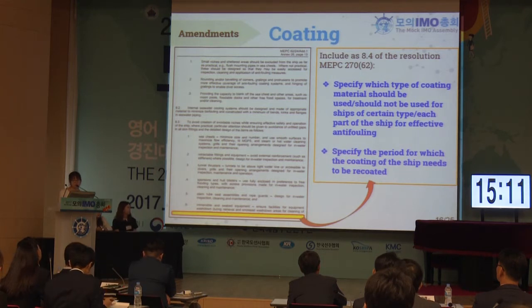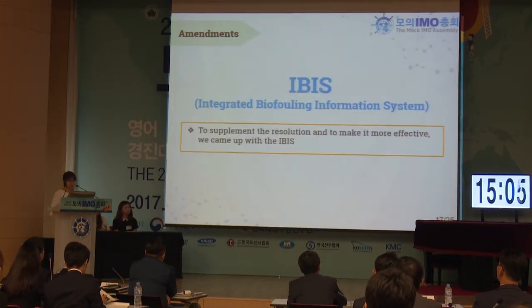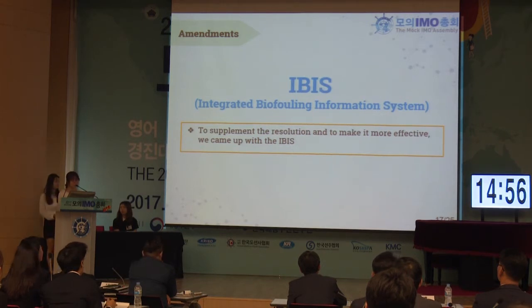These amendments should be added as in Article 8.4 for effective coating. I have explained amendments made in 4 criteria so far, and now the next speaker will integrate these 4 criteria and introduce the integrated biofouling information system which can help solve biofouling more effectively.